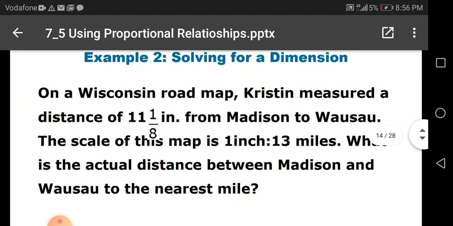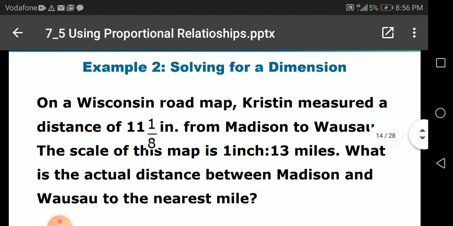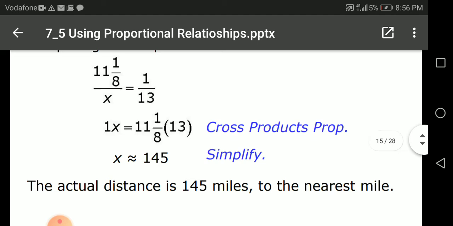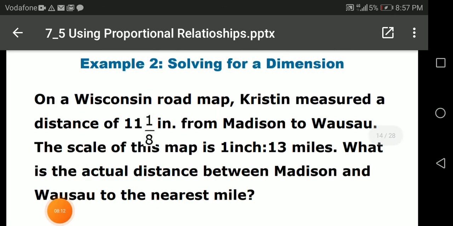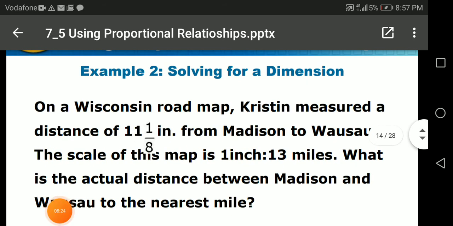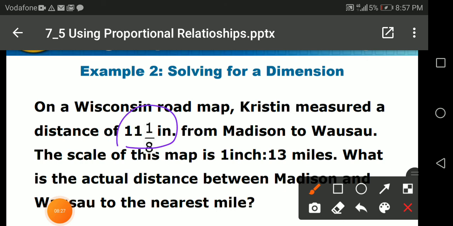So let's continue. We have another example, as I told you, on a Wisconsin road map. Christine measured a distance of 11/8 inches from Madison to Wausau.